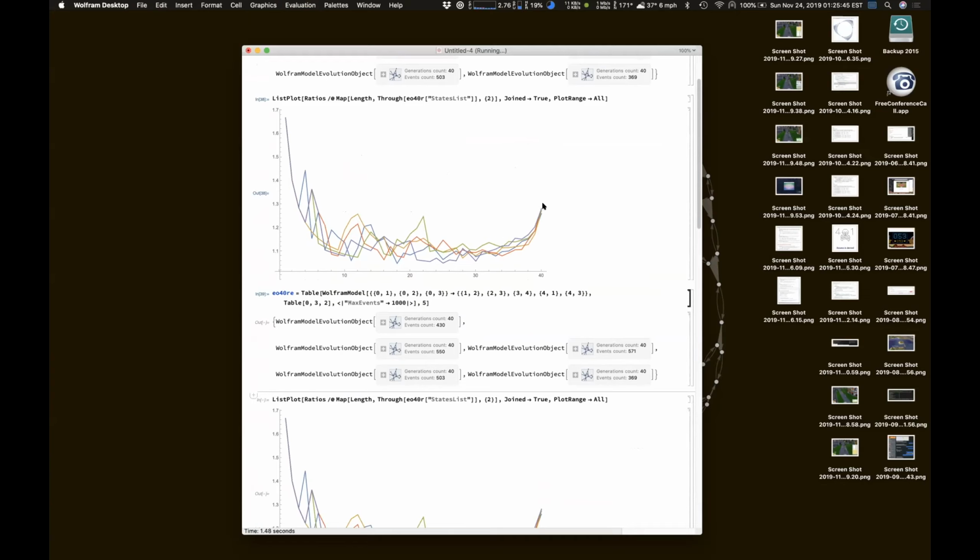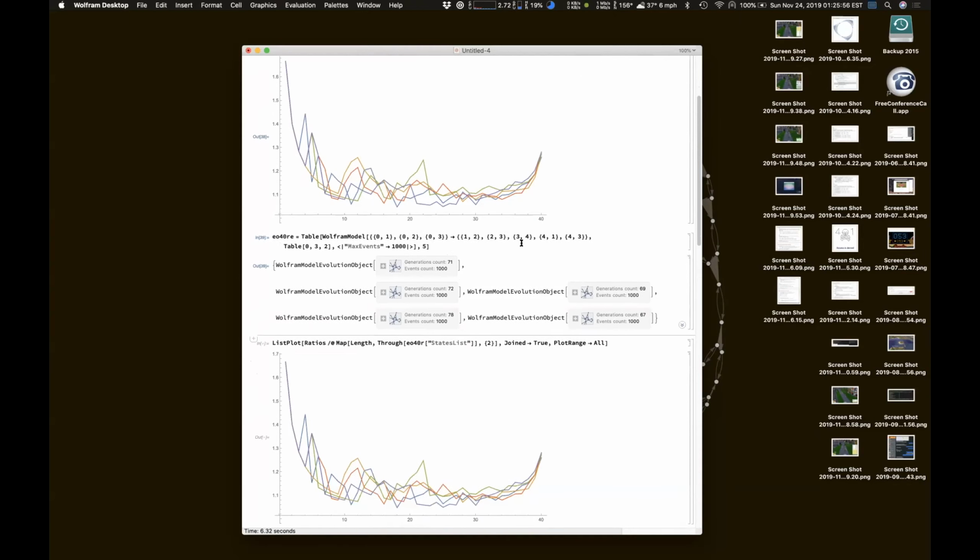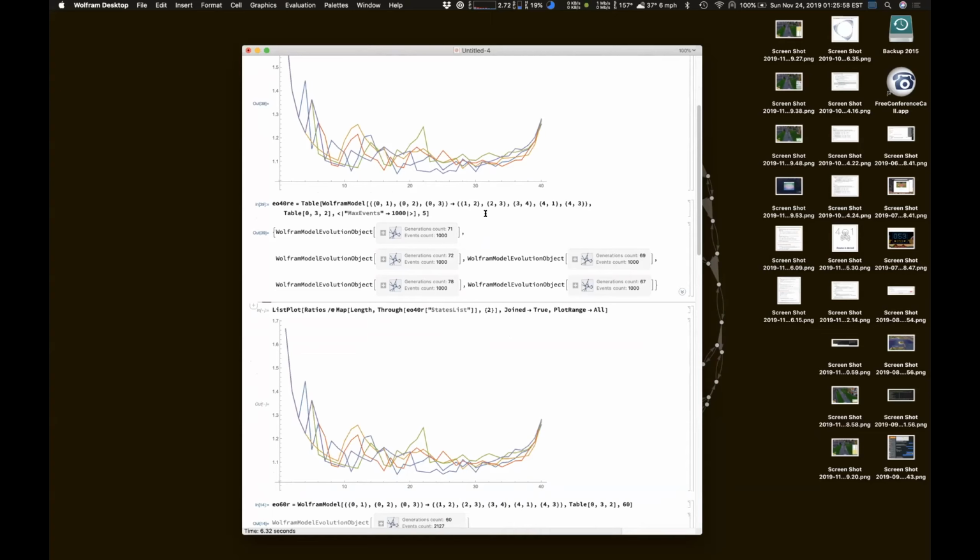But the fact that they go up at the end, I don't think it has anything to do with 40 steps. It's because it tries to finish all the generations or something like this. Because it moves if I increase the number. Let's see the graphs.